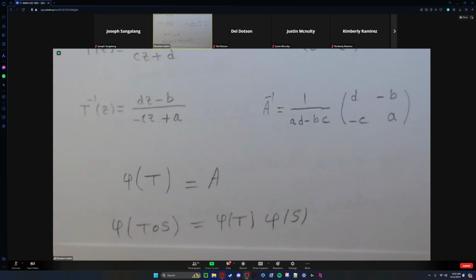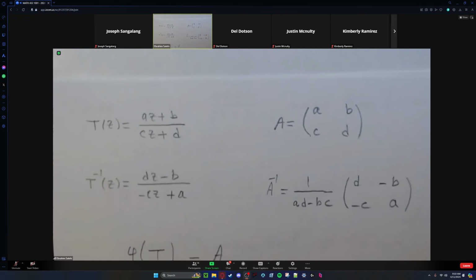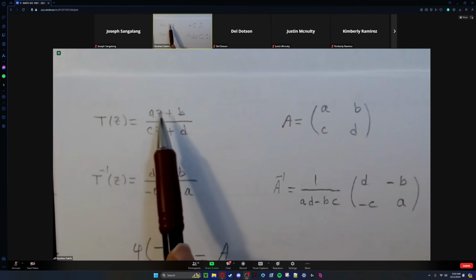Okay. Now, this is a sort of function that goes from one algebraic structure to another one. The structure that we impose here is composition.